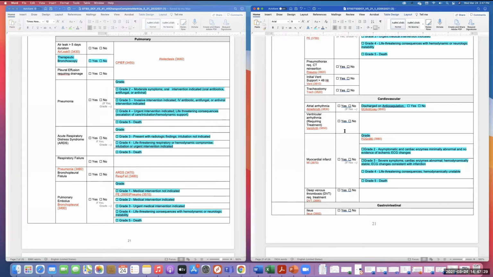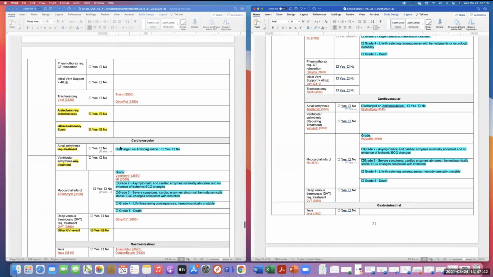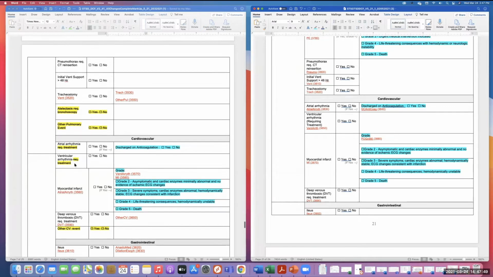Again, I think the atrial and ventricular arrhythmia are a little bit different than they were before. We're really trying to get people that are new onset events. If they came in AFib and they went home in AFib, that's not a post-op complication. We wouldn't expect you to tell us yes if it's not new onset atrial arrhythmia.